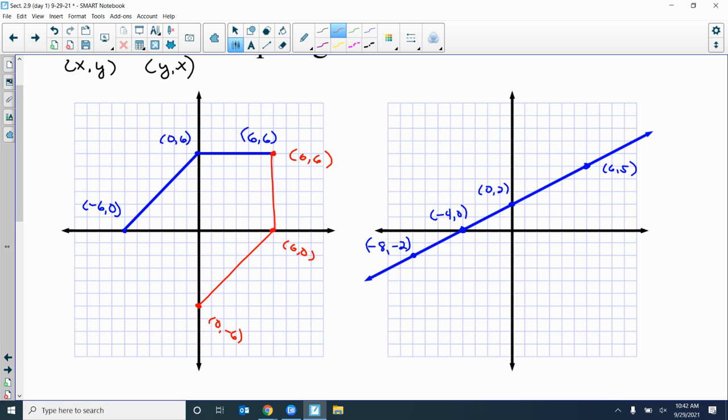All right, so you got those points. The inverse, flip them. That's all you do. So negative 8, negative 2 becomes negative 2, negative 8. Negative 4, 0 becomes 0, negative 4. 0, 2 becomes 2, 0. And then 6, 5 becomes 5, 6. Connect those.